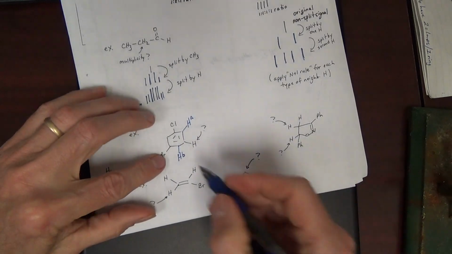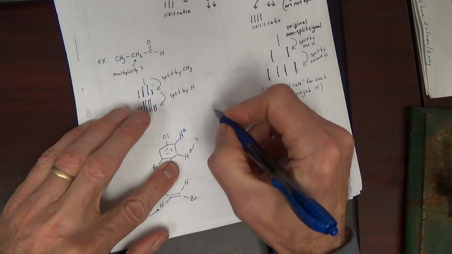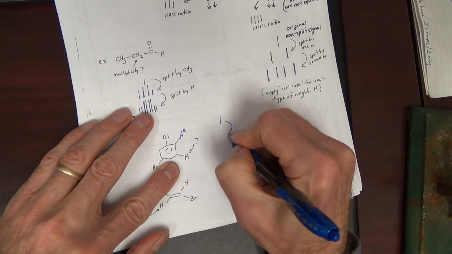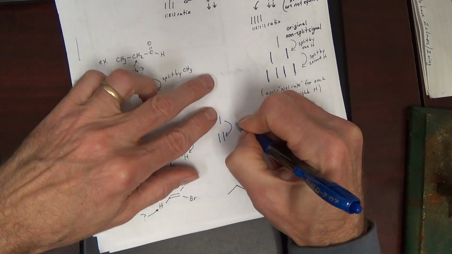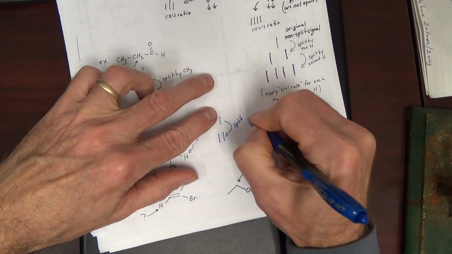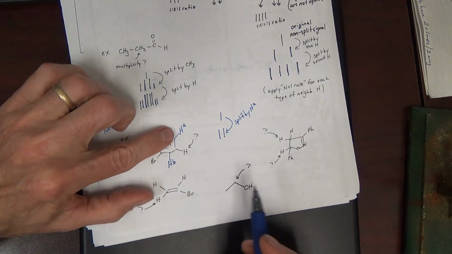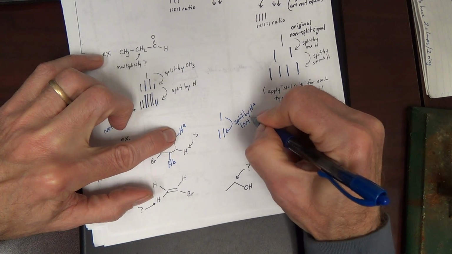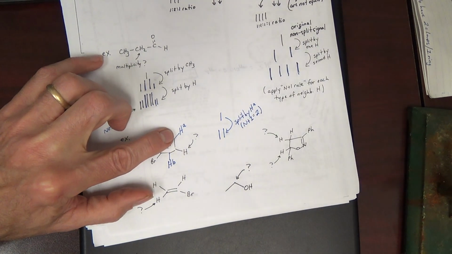We have to apply the n+1 rule twice. Let's first consider the splitting for HA. Here's our original signal. HA is going to split this into a doublet, by the n+1 rule: n+1 equals 2, doublet.